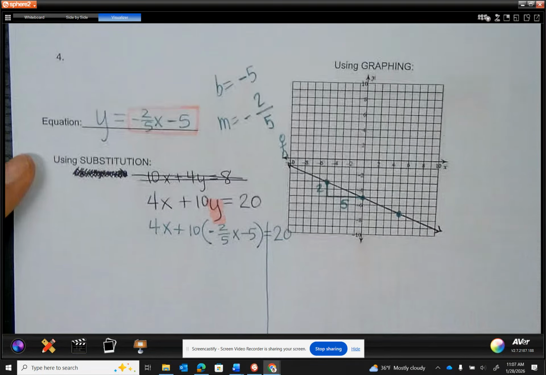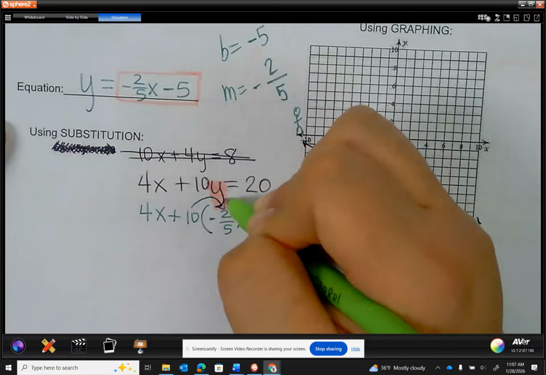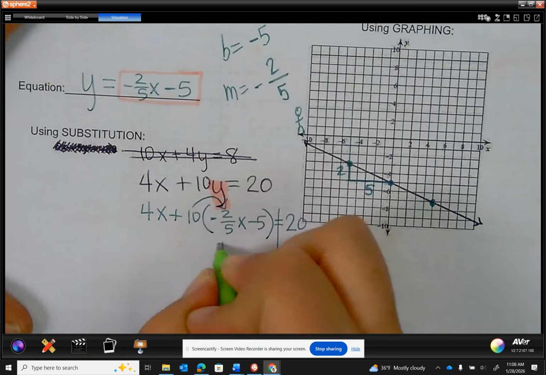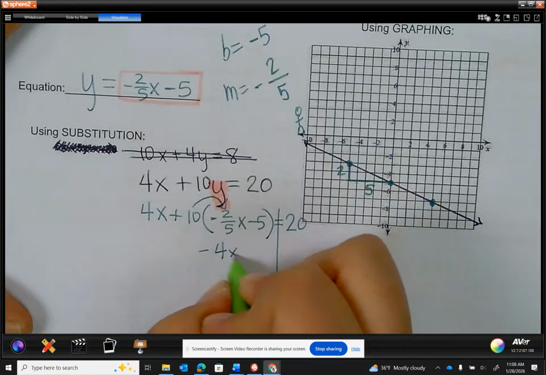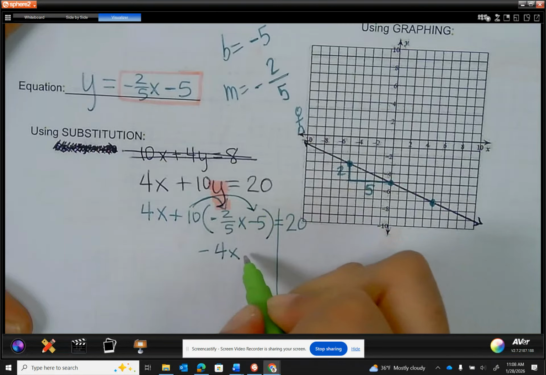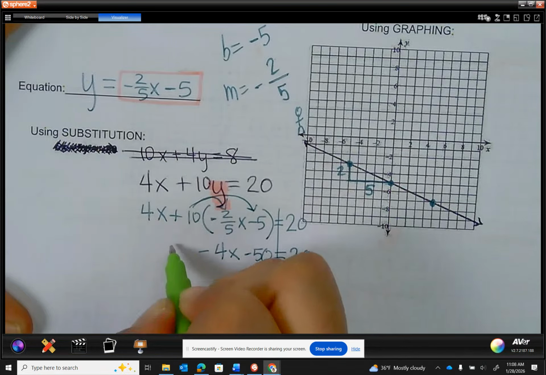So we're going to have to do a little bit of distributive here. If I distribute here, what's 10 times 2? And what's 20 divided by 5? What is a positive times a negative? And what's 10 times negative 5? And then I'm going to bring everything else down.